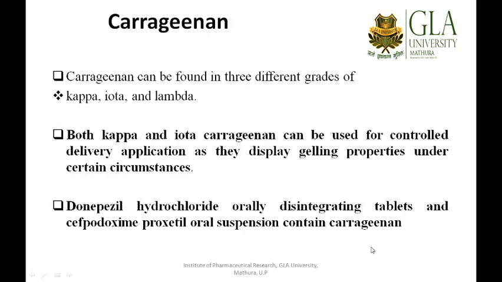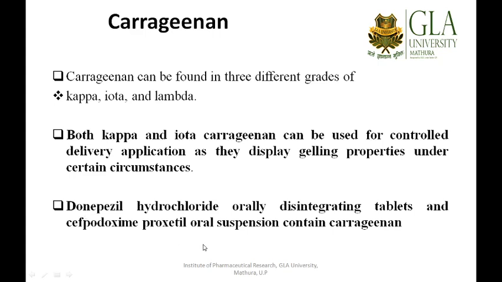of the proteins. Now carrageenan is available in three different grades: kappa, iota and lambda. I have highlighted this particular part, which says both kappa and iota carrageenan can be used for controlled delivery applications, because they again provide the gelling property. For example, donepezil is a drug.